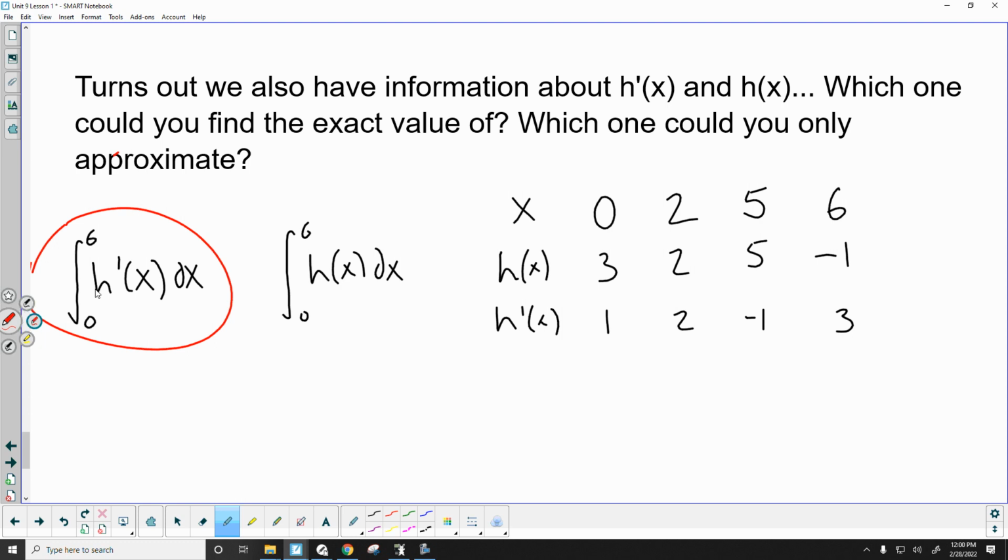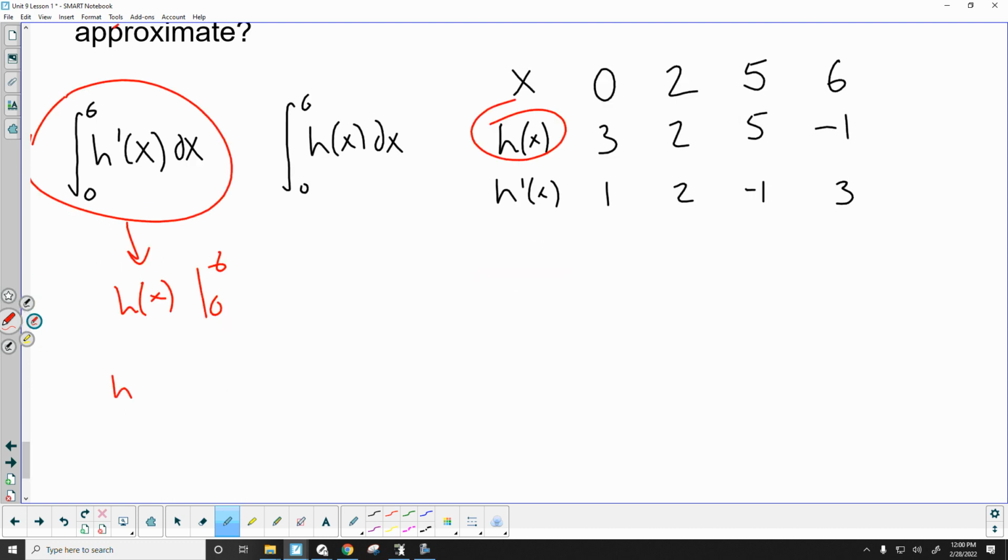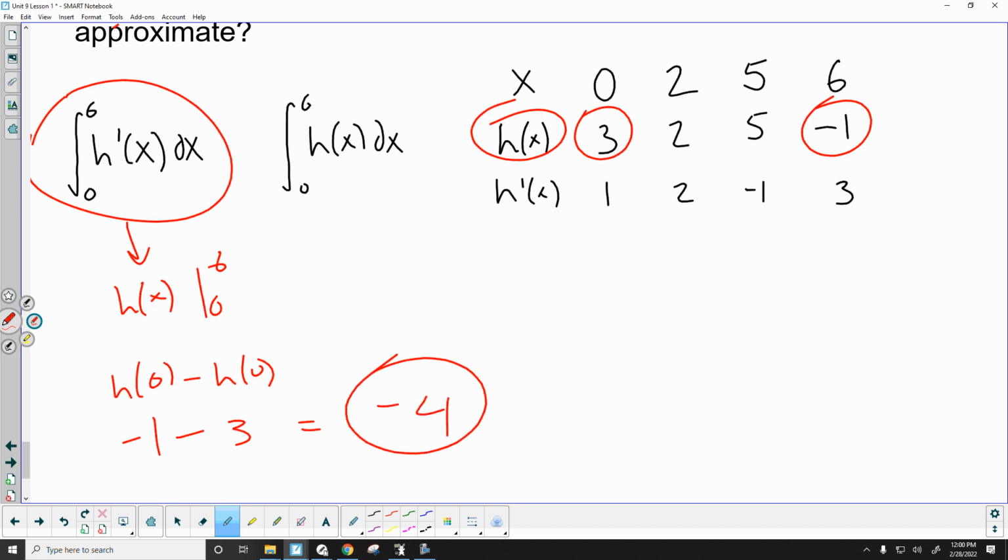Well, what does that mean? It's a change in h, right? Well, I can find the change in h. Boom, that's the exact answer. I don't need to approximate.